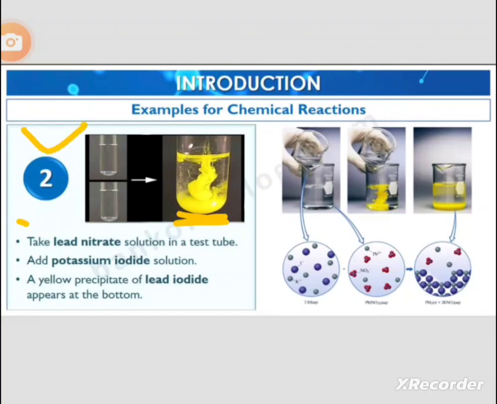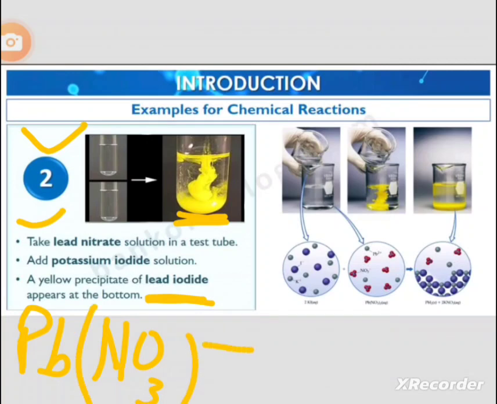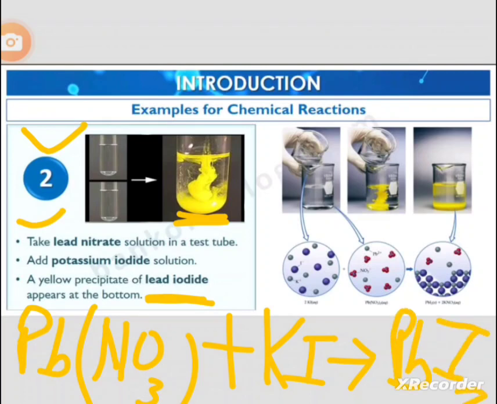Both are colorless, but when lead nitrate, that is Pb(NO3)2, reacts with potassium iodide, that is KI, what is the product formed? Lead iodide. Lead iodide means PbI2. Pb is the symbol of lead and I2 is iodine.